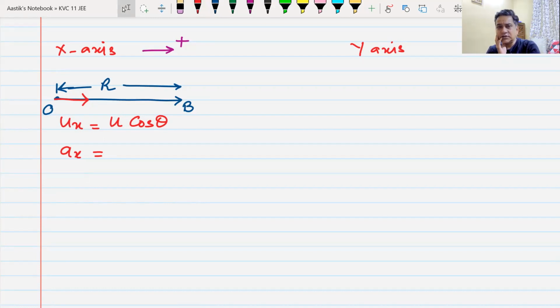This is projectile motion. I told you everything that you need to know about projectile motion. Is there any acceleration along the x-axis? The answer is no.